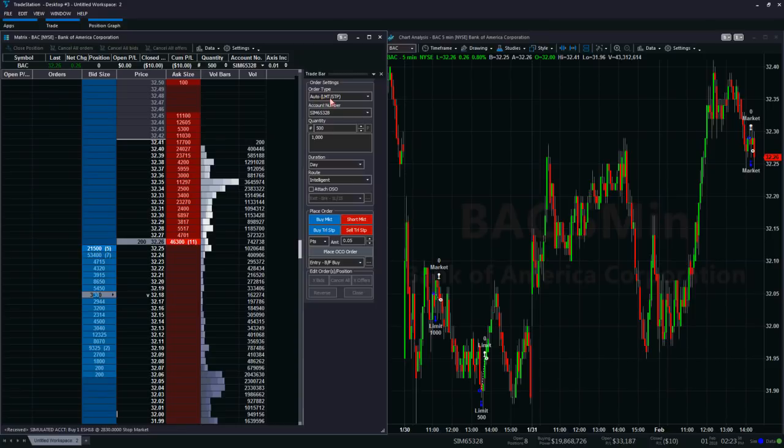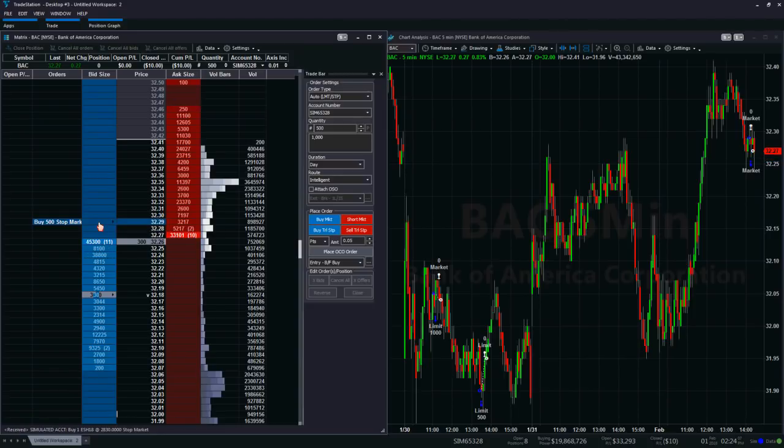Take a look at the top right and the order type. It's set to auto limit stop. And I want you to pay attention to something really interesting here. If I want to buy at a lower price, this is the current trading price right here, 32.24. So if I put my cursor below the current trading price, take a look at the left. It says buy 500 limit. But if I move my cursor above the current market, you can see that the order command is buy 500 stop market.